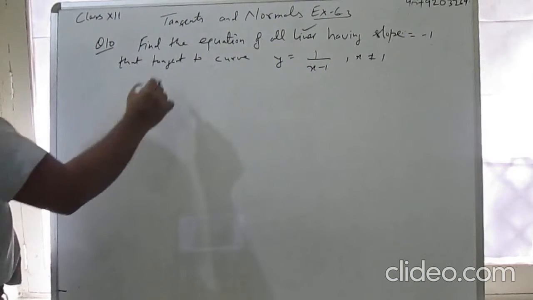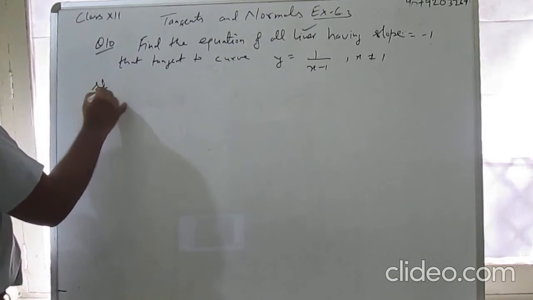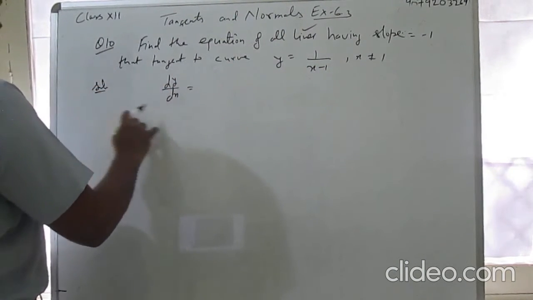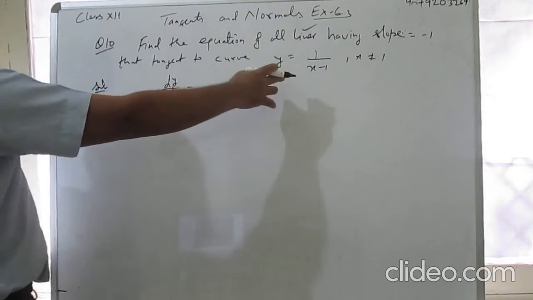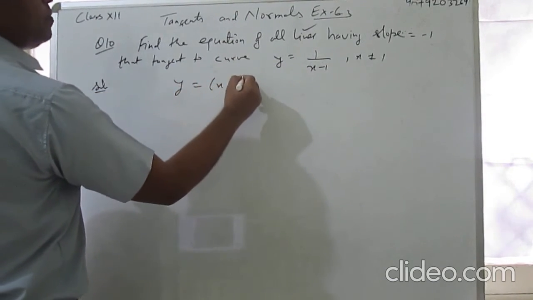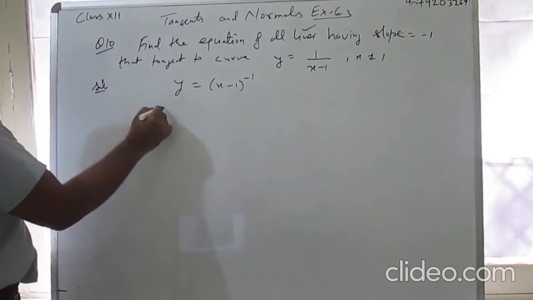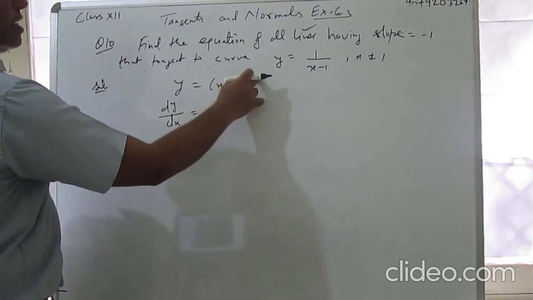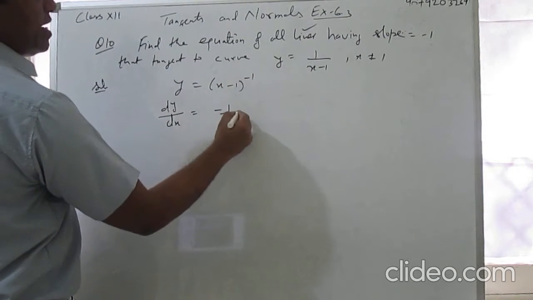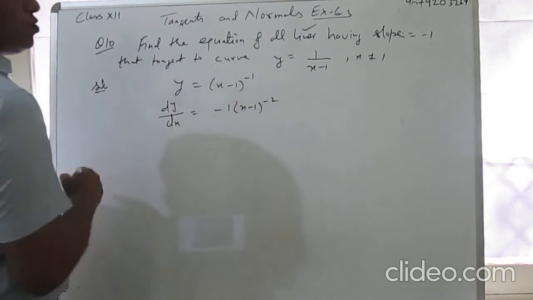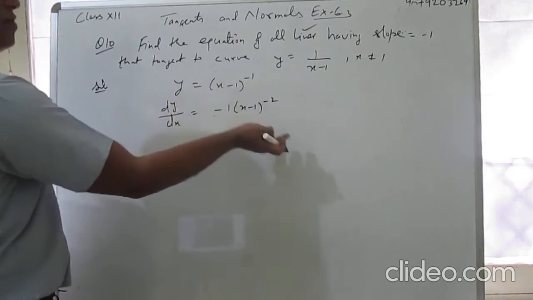ठीक. Now solution dy by dx क्या होएगा? इसको या तो आप ऐसे लिख लीजिए y is equal to x minus 1 की पावर -1. Now dy by dx is equal to function of function से कर दीजिए n x n minus 1, x minus 1 minus 2, x का क्या होगा 1 ही होगा.